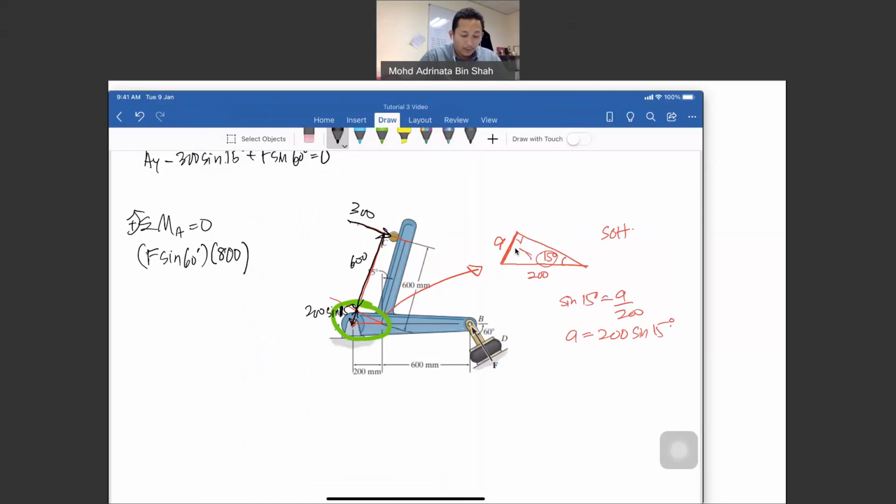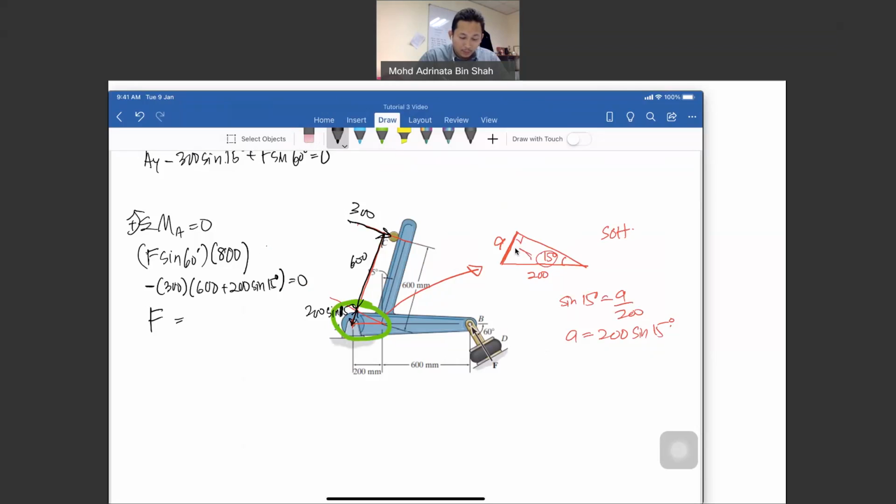So we have minus 300 times the distance, 600 plus 200 sine 15 degree, equals 0. So from this equation, you can find your F.